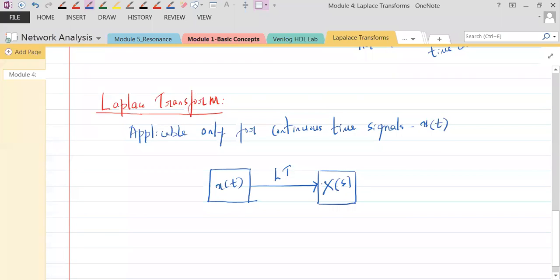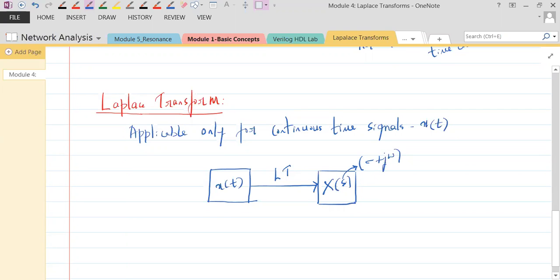Then you can ask me, where is that frequency? s is what? It is sigma plus j omega. We call them complex frequencies. They are frequencies only, but they are not directly represented in terms of the frequency omega or f.